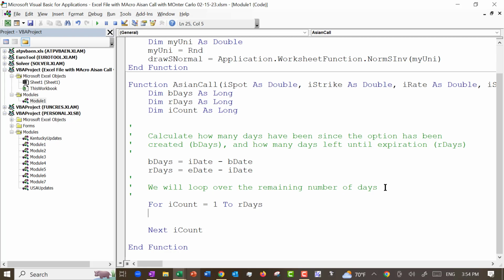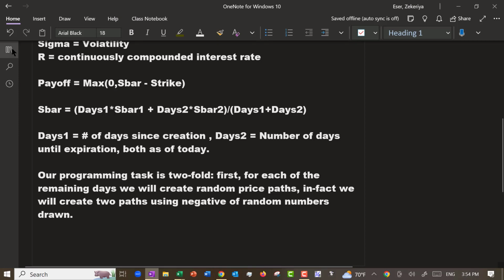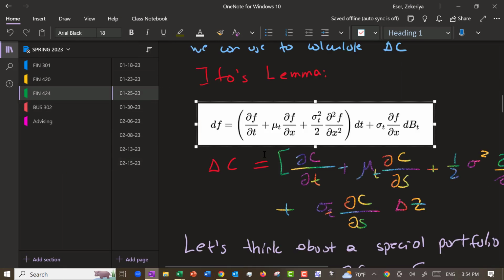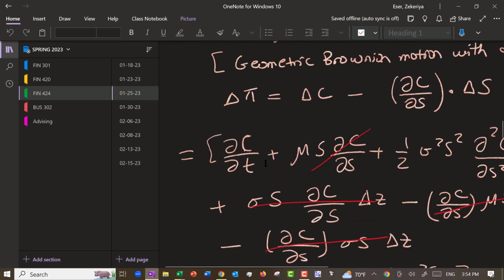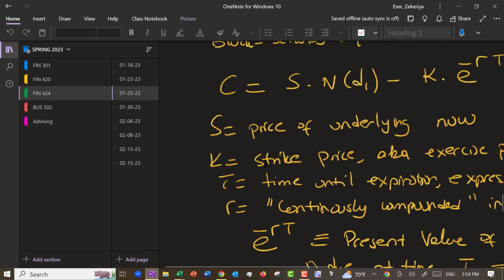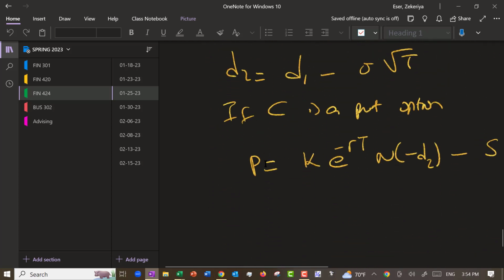Let's get certain things started. In terms of getting a process, let's remember what we have done to that tree. Okay.